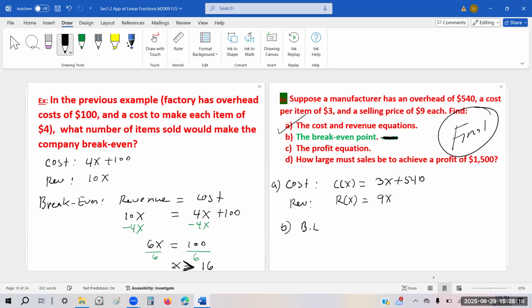Break even means revenue equals cost. So 9X equals 3X plus 540.